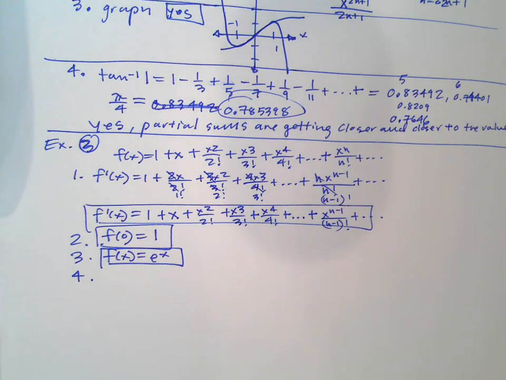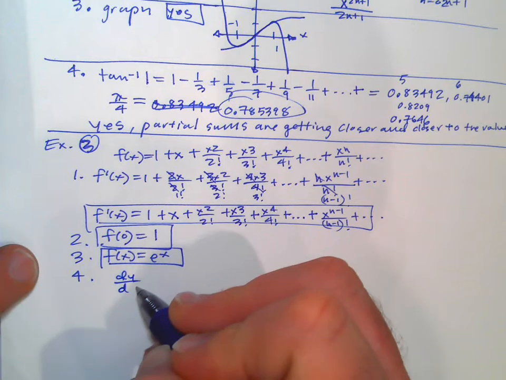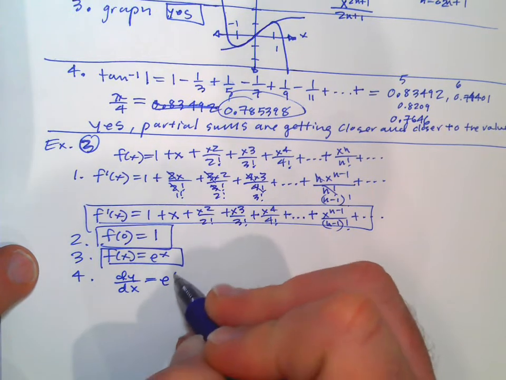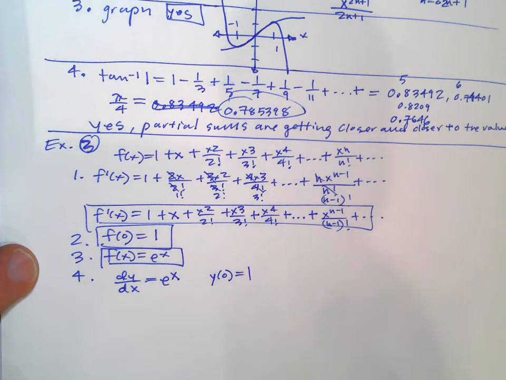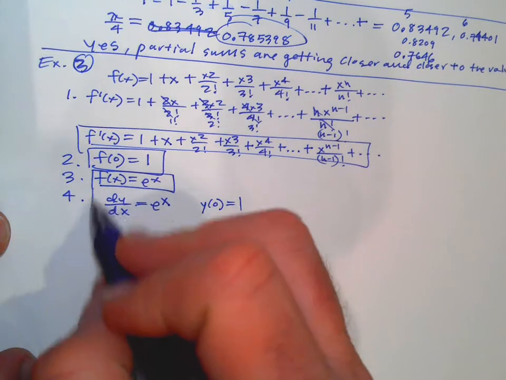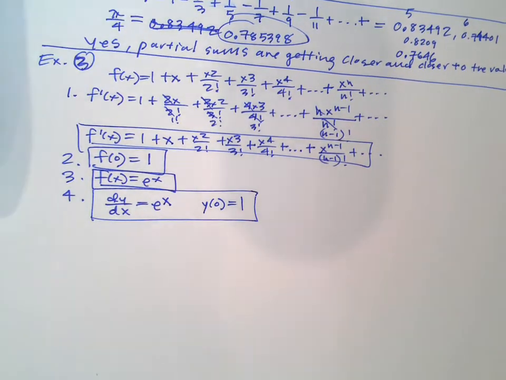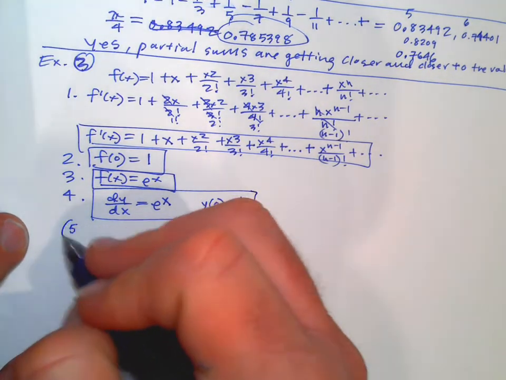Okay, set up an initial value problem. An initial value problem is a differential equation. So if we think it's e to the x, then let's make it f prime equals f, and the initial value is 1. Number 5, solve it to prove your conjecture.